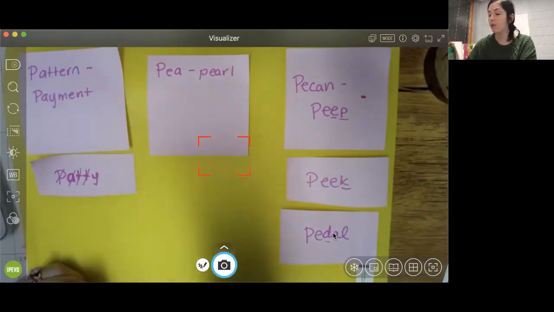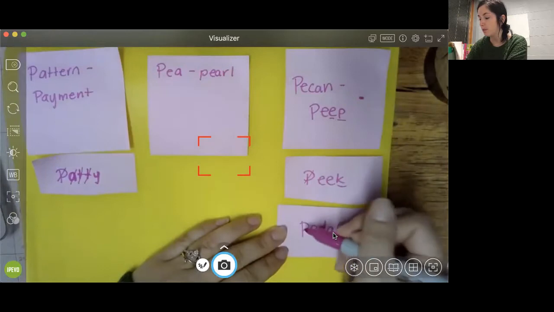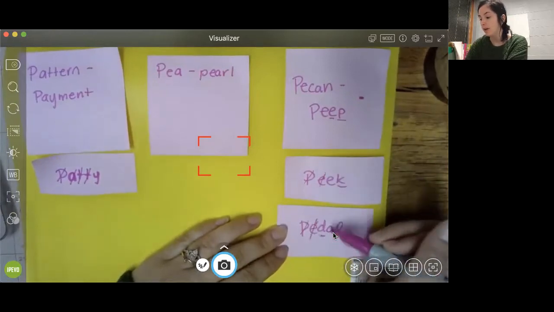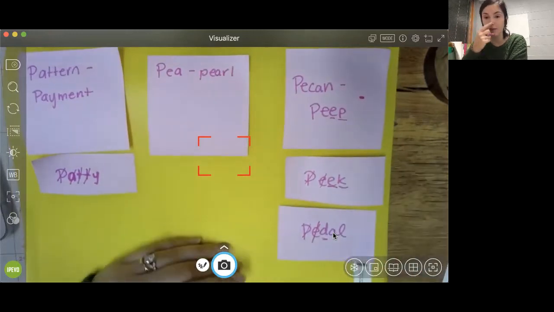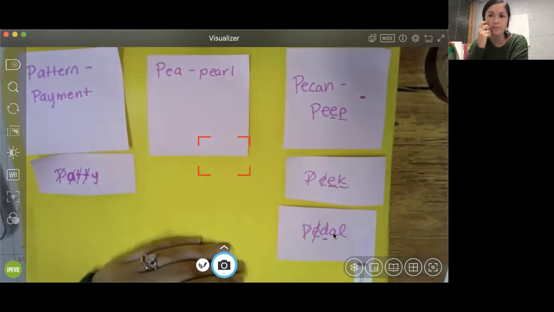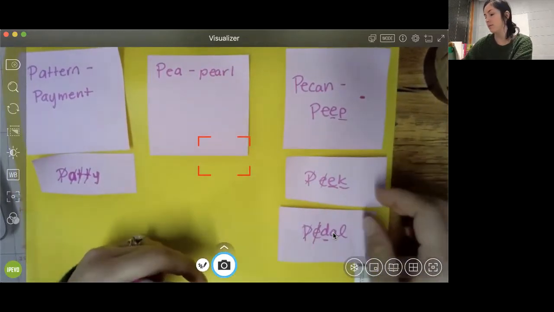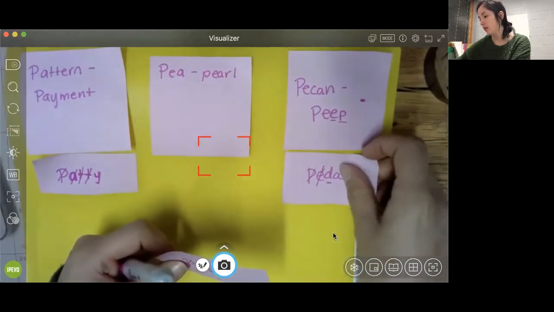So let's try and figure out which word would come first, peak or petal. So they both have P's, both have E's, and we gotta go to the third. So E and D. What comes first in the alphabet, E or D? Good, D comes first. So they would go like this.